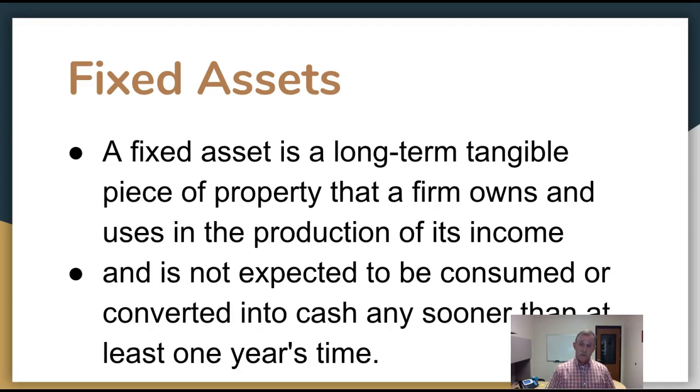But a fixed asset, by generally accepted accounting principles, is a long-term tangible property that a firm owns and uses in the production of income. Okay? Your factory, your cows, all the females, and your bulls. All those things that actually produce an outcome, not themselves, but what comes out of them, in order to generate revenues for the business.